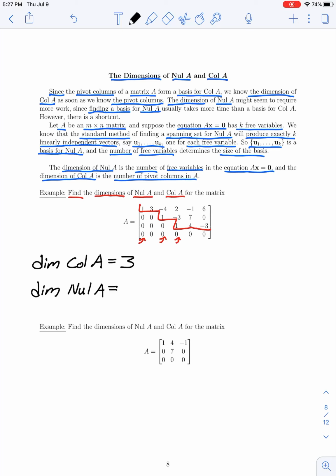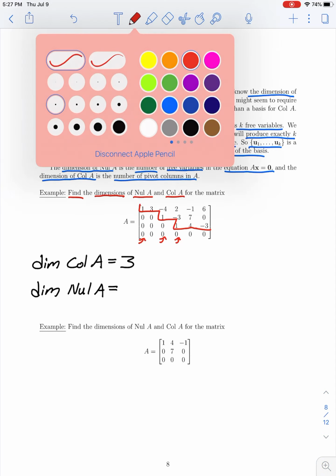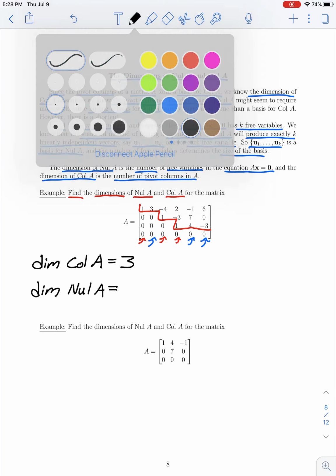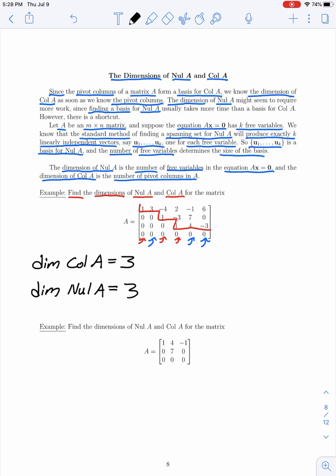Now recall, if we have a matrix which is already expressed in row echelon form, the free variables correspond to the columns which do not have pivots. So in this example, we have 1, 2, 3 columns without pivots. So the dimension of the null space would also be 3 here.